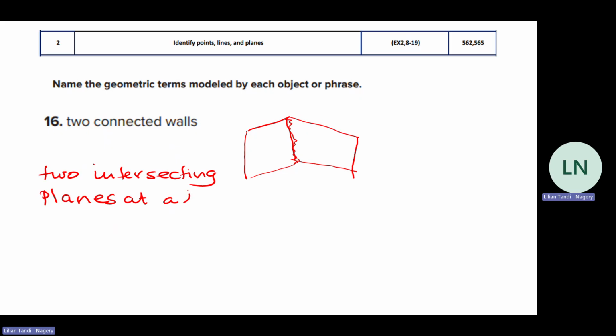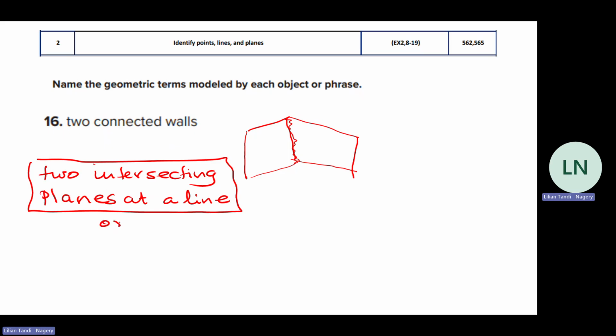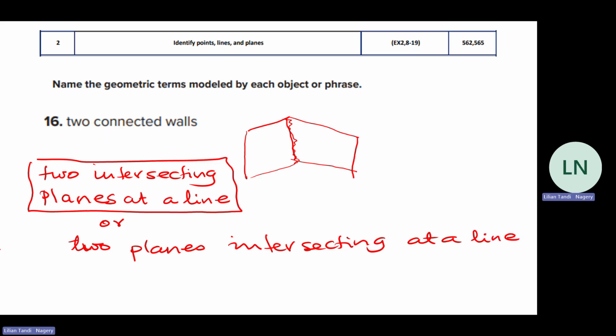Yes. Or two planes intersecting at a line. Same English. Okay.